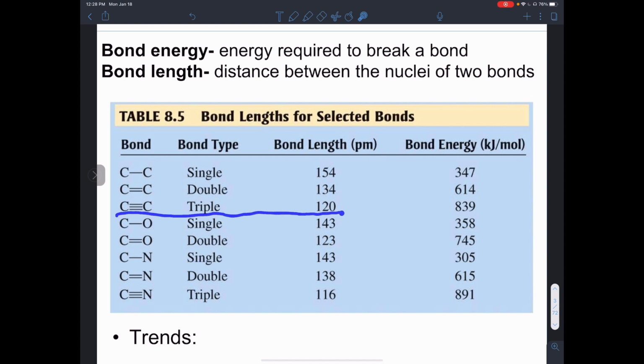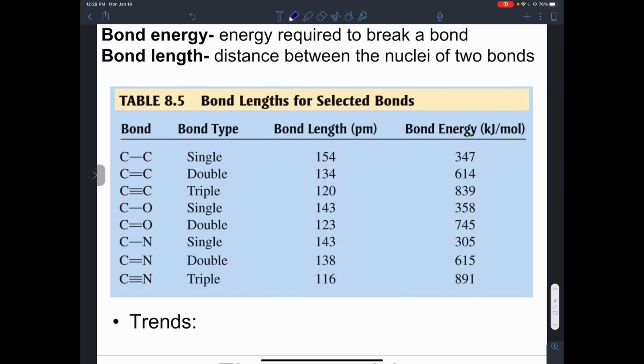The bond lengths seem to get shorter and shorter when you have multiple bonds. Okay? So multiple bonds, we want to remember, tends to make shorter bonds. Also, the bond energy. So the energy contained in the bond is highest in multiple bonds than it is in single bonds. So a triple bond has a higher energy to break than our double bond or our single bond energy.